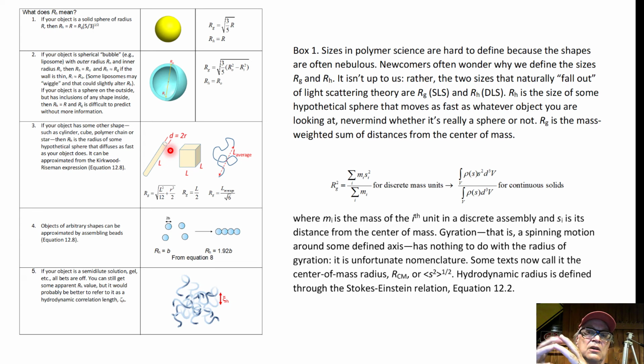We said that a rod had an RG. A rod also has an RH. But what it is, it's the radius of a sphere that would be diffusing as fast as your object is going, no matter what the shape of your object is.